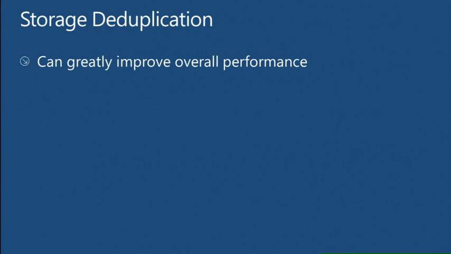So another technique that can help improve your I/O performance is called storage deduplication. What storage deduplication does is it basically compresses and deduplicates data as it's written to the storage array. This can be extremely helpful for OS LUNs or OS virtual disks, because the OS has a lot of duplicate data.